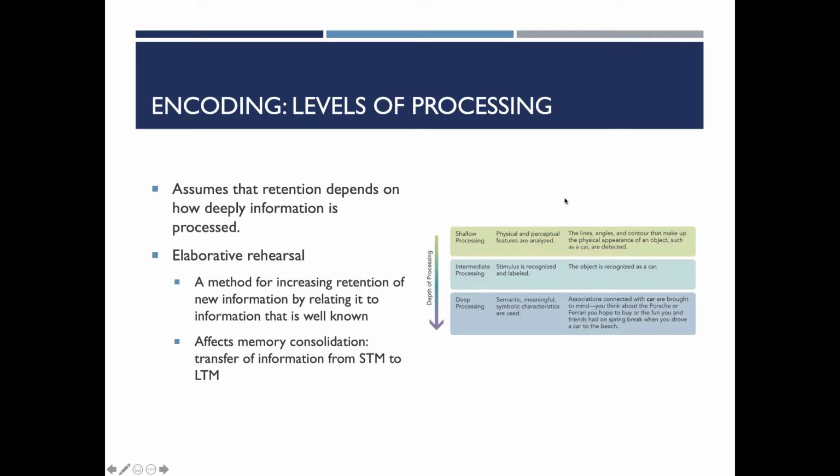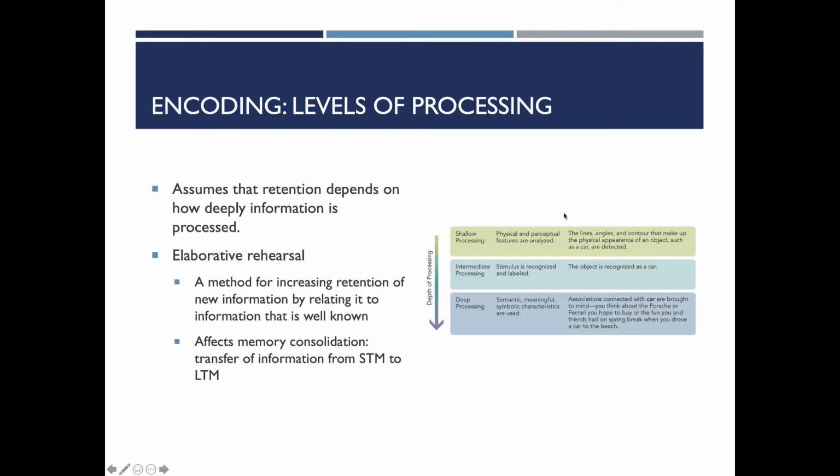So what do we mean by all this? Shallow processing means you're looking at very superficial physical and perceptual features. So if I said, is the letter G in the word encoding, you have to kind of scan through, E-N-C-O, all the way to G, and then you hit G and say yes. If later I asked you, what word had a G in it, you might not remember because you only processed it very shallowly.